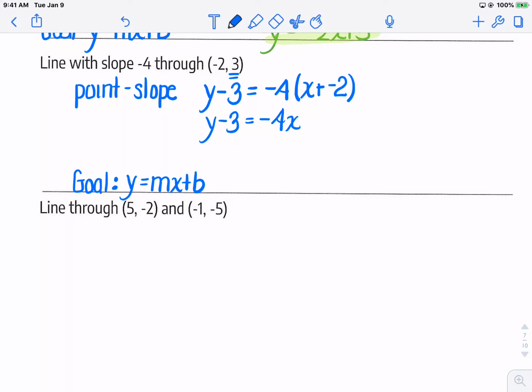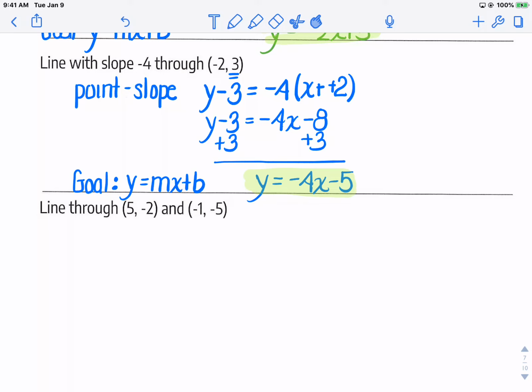Now, this subtracted negative was really positive, so when we multiply -4 by 2, we get that. And I'm going to add 3 on both sides so that I get the y alone, because that's the form we want. We're going to have y equals -4x minus 5. Ready to graph or ready to talk about the slope and the y-intercept.